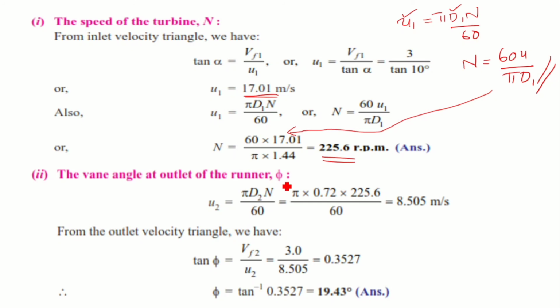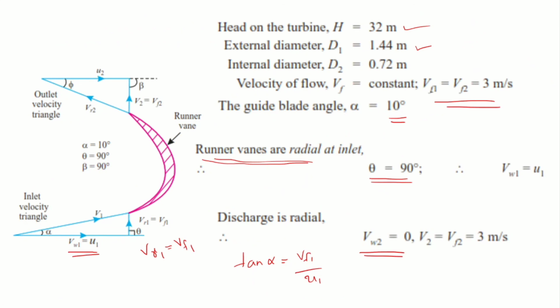Next, vane angle at outlet of the runner. In order to obtain vane angle at the outlet of the runner, let us go back to the velocity triangle. The vane angle at the outlet is phi. Tan phi is equal to Vf2 divided by U2. So we need to find U2.